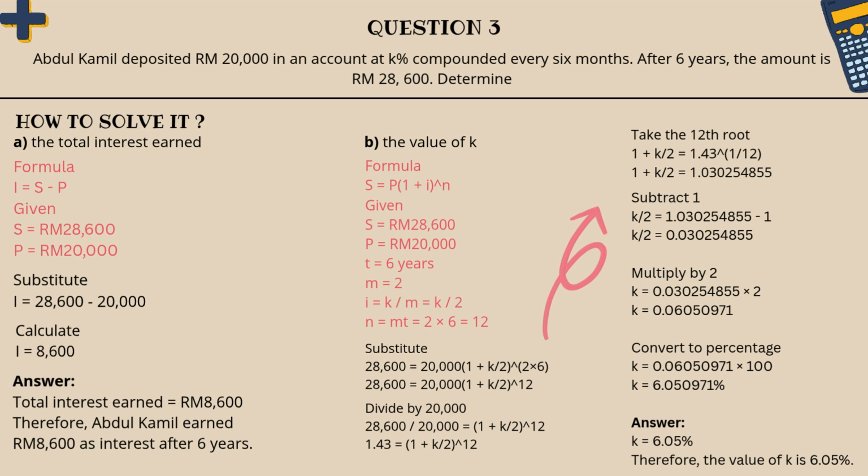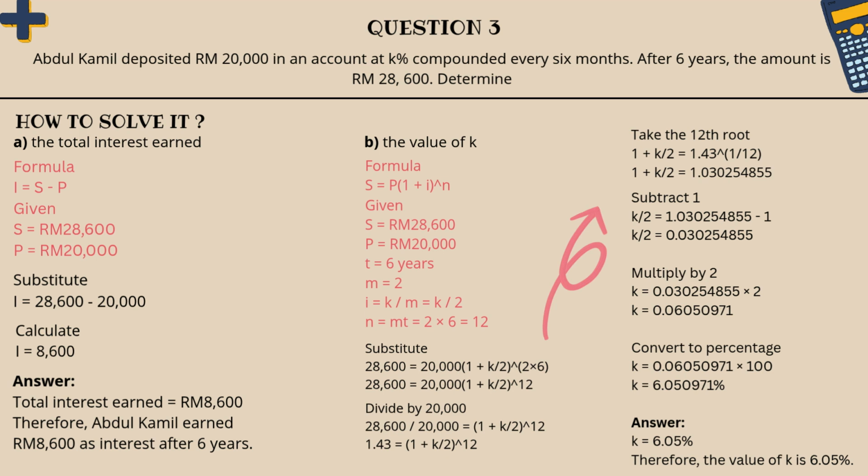So, 1 plus K over 2 equals 1.43 to the power of 1 over 12. The answer is approximately 1.030254855. Then we subtract 1 from both sides. So K over 2 equals 0.030254855. Next, we multiply both sides by 2.